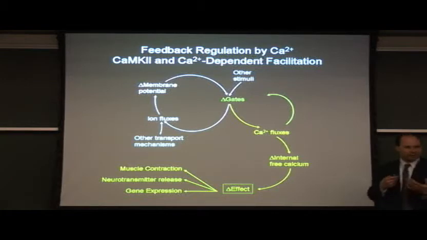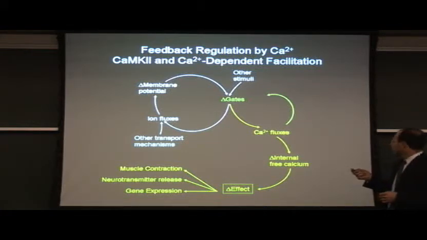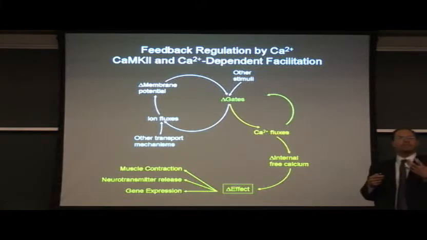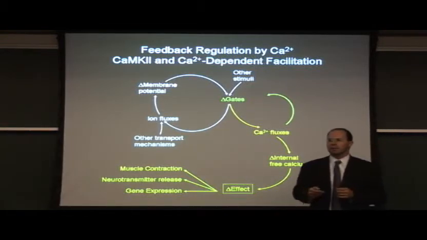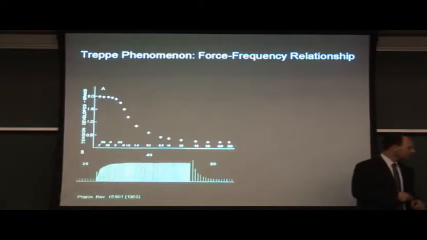That in the heart is regulated by rate, so it's part of the force frequency relationship, and it's increased calcium influx in response to increased rate. And there's been obviously plenty of work on that done here, so I'm going to give you some of our more recent biochemical and functional results.